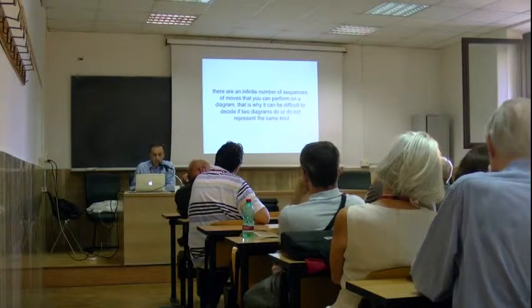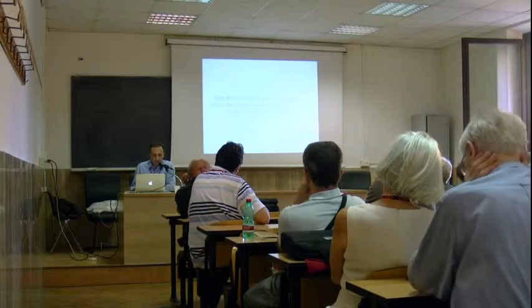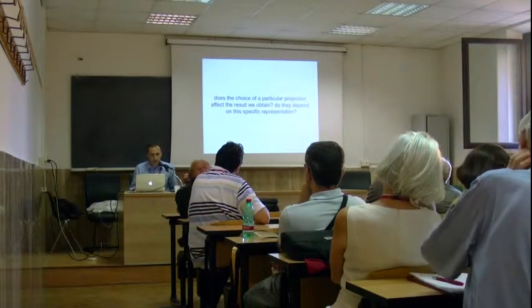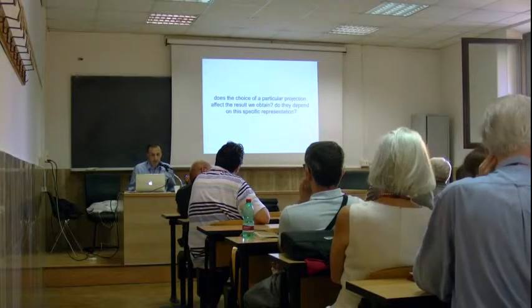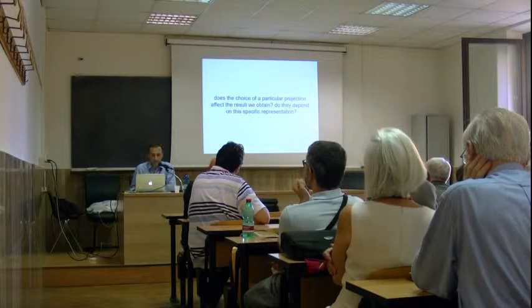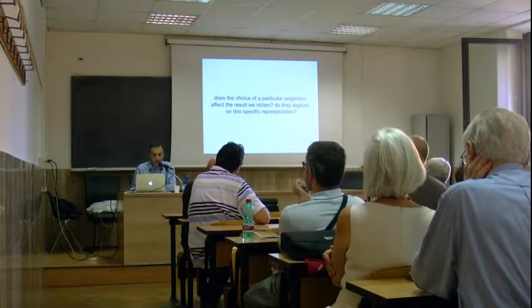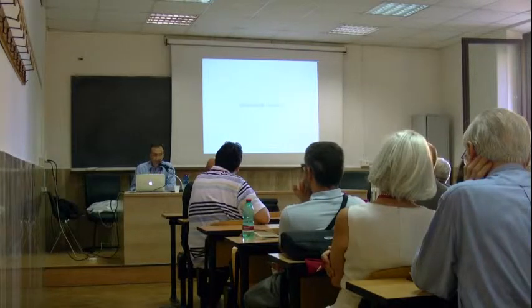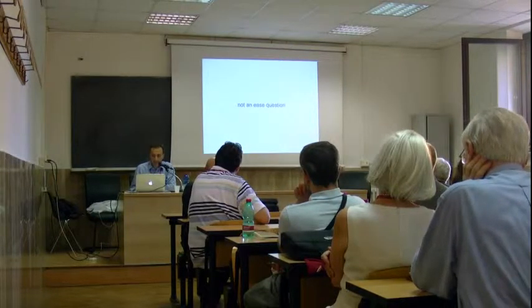And so this leads us to several questions, like does the choice of a particular projection affect the result that we obtain, the formal result, or do they depend on this specific representation? And that's not an easy question to answer in knot theory.